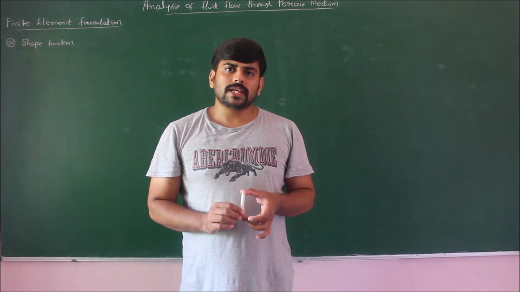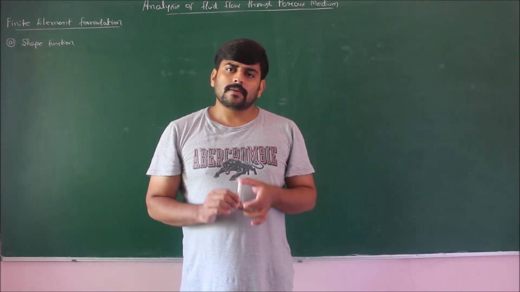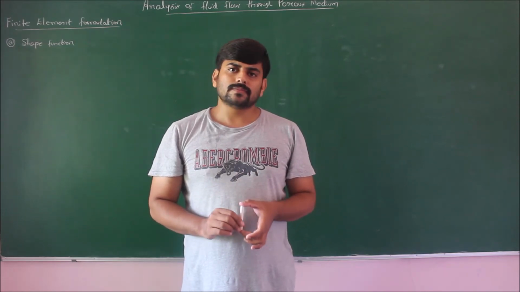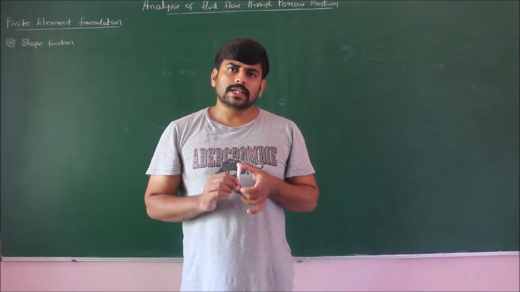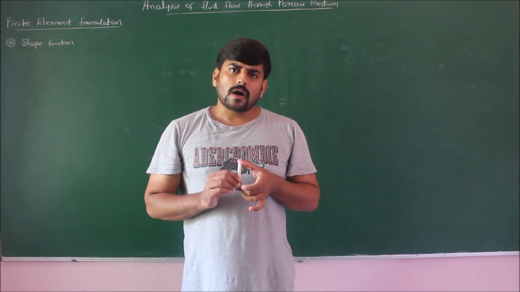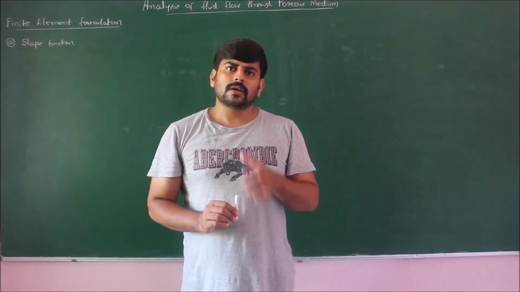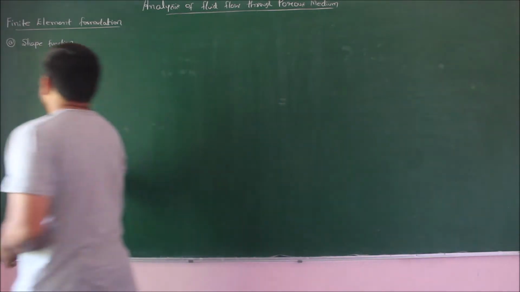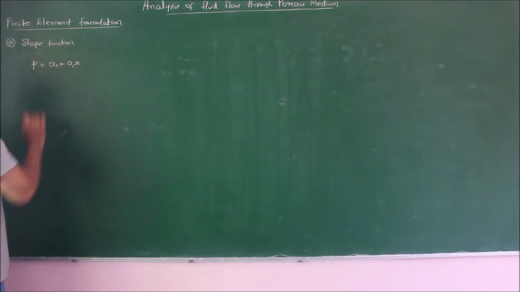Let us assume the simplex element, that is two noded element for formulation. If I assume the two noded simplex element for formulation, the interpolation function or approximate function for the field variable, which is nothing but velocity potential, can be written as P is equal to A0 plus A1 x.